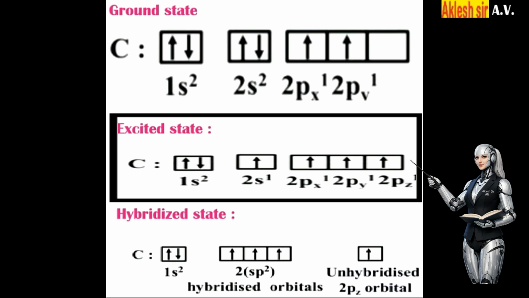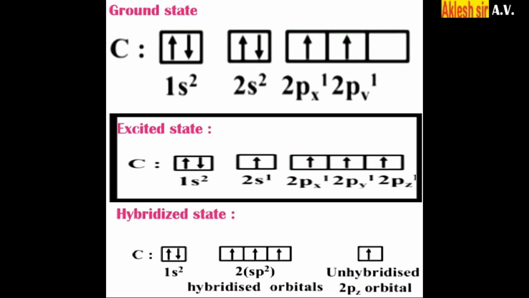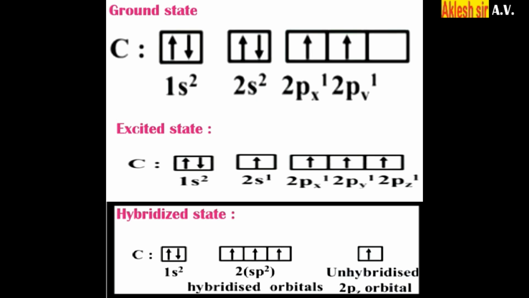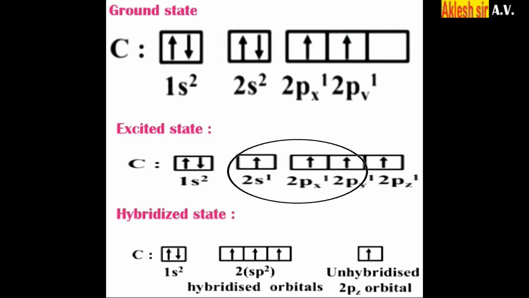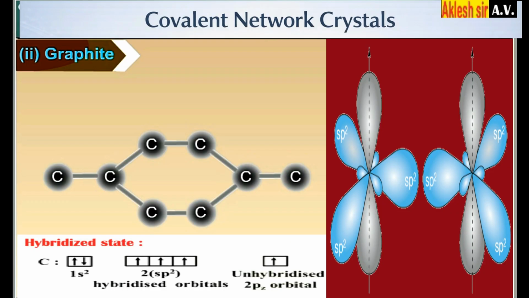This then goes to the hybridized state, where 2s1, 2px1, 2py1 merge to give sp2 hybridized orbitals, leaving behind the 2pz orbital, which is an unhybridized orbital.